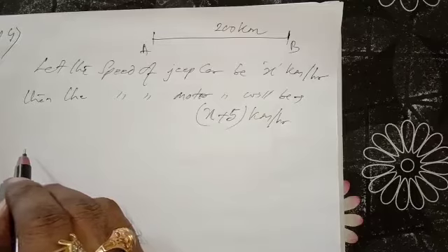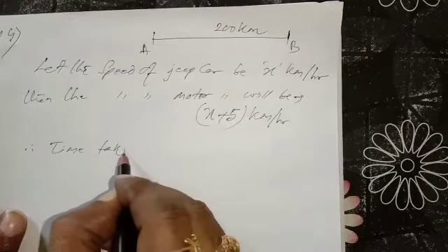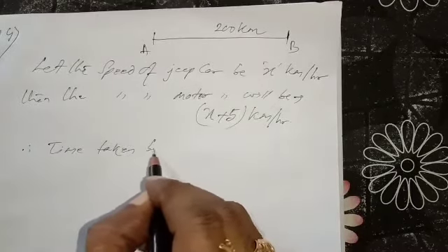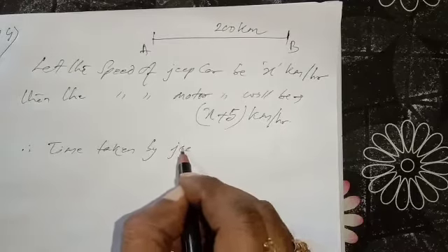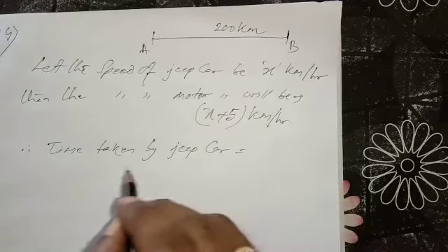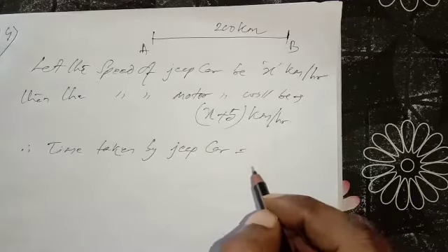Now, the time taken by the jeep car will be how much? The time formula is distance by speed. Speed is equal to distance by time, so time is distance by speed.